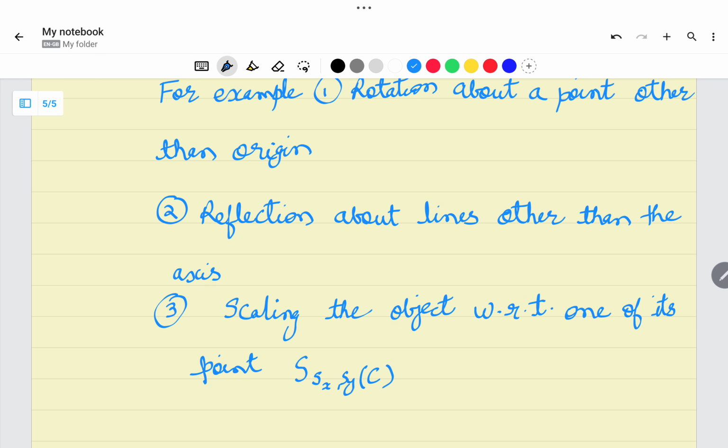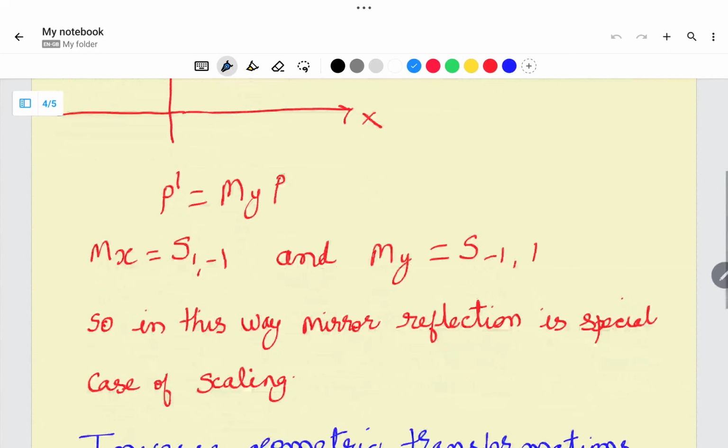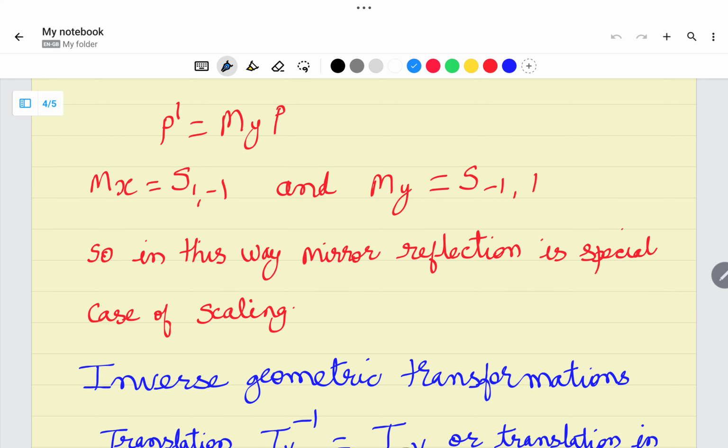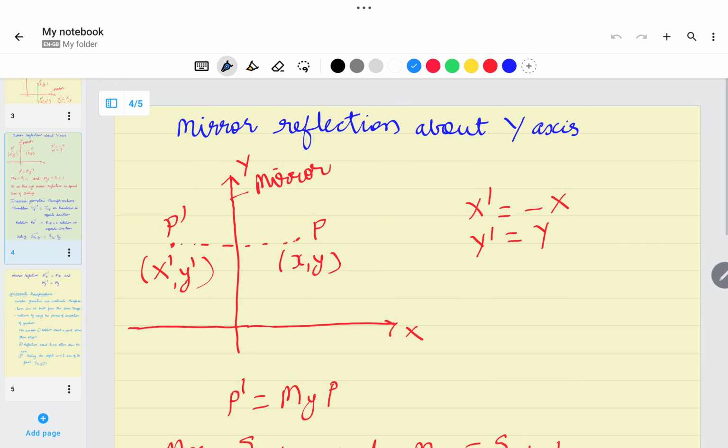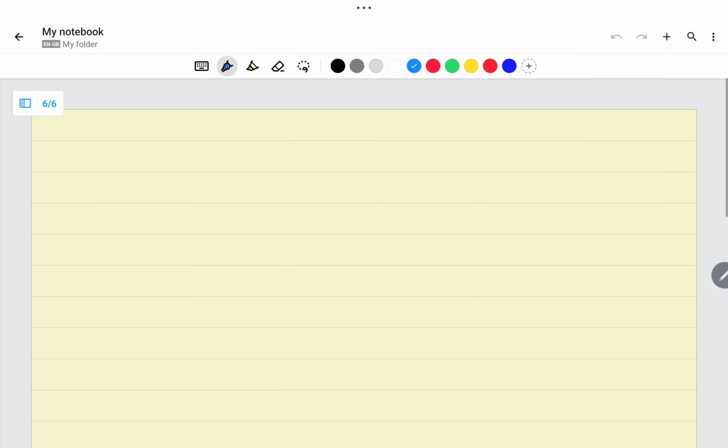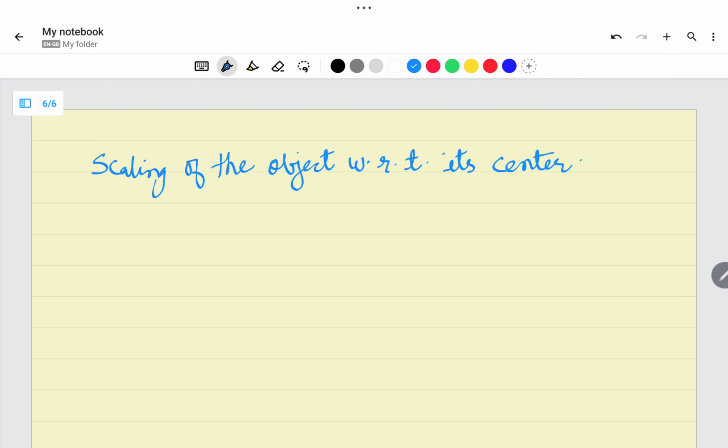So let us see this example. Scaling of the object, keeping its center fixed or with respect to its center. Suppose C is a center having coordinates h and k.